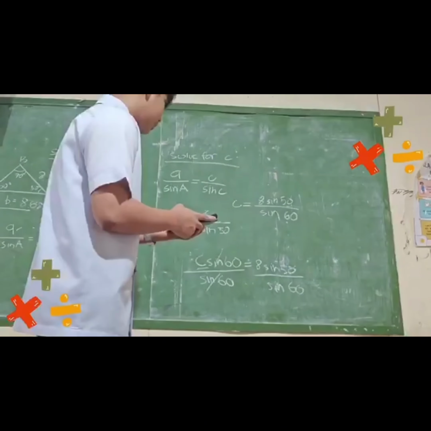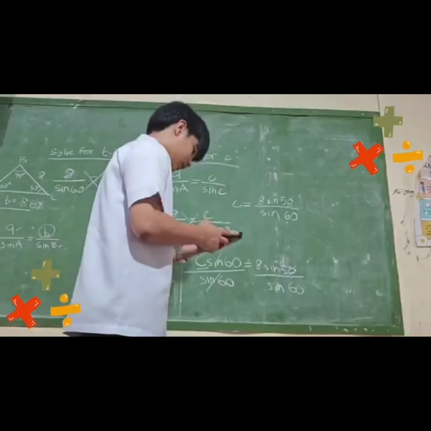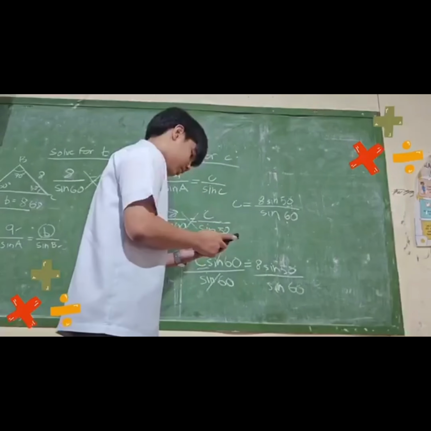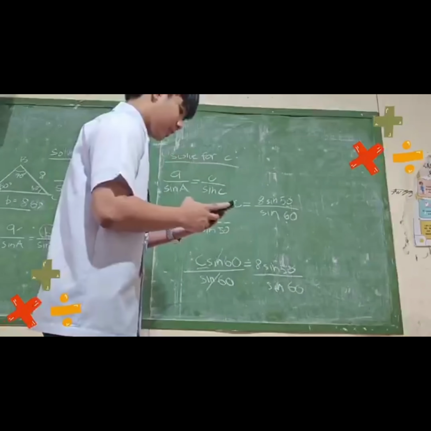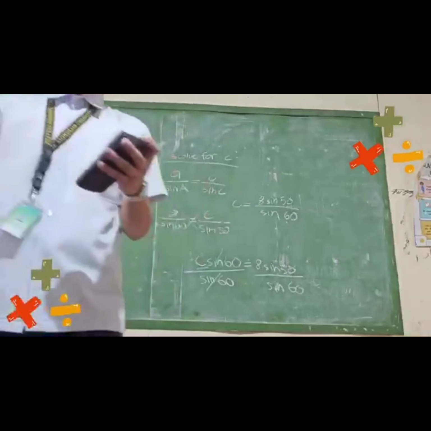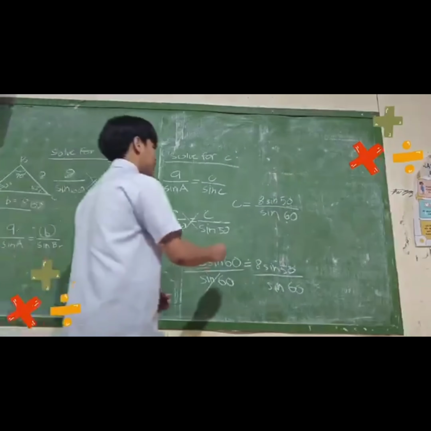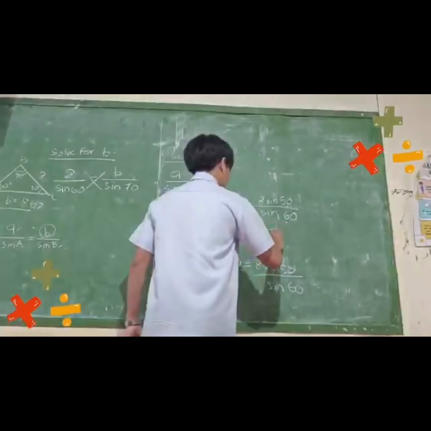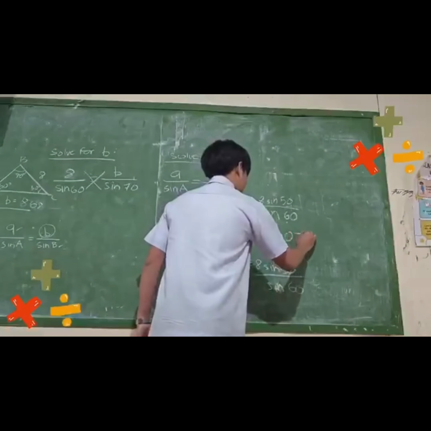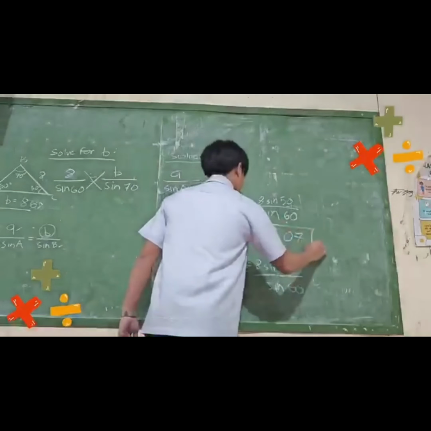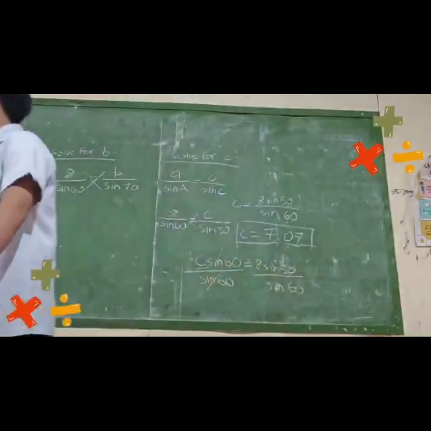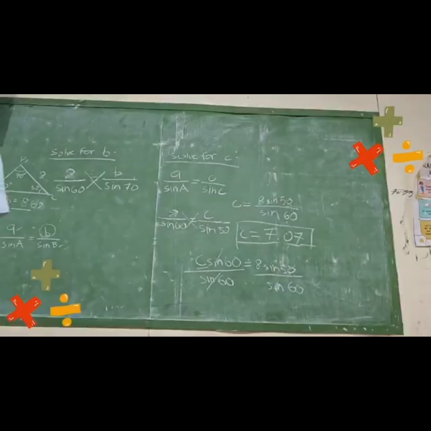Sine 50 over sine 60 gives us the measurement of 7.07. So that is our value on side C.